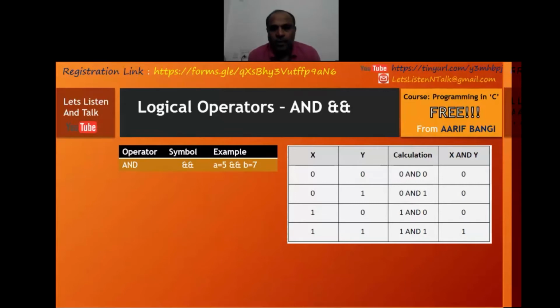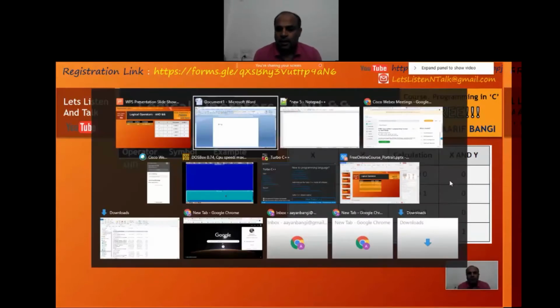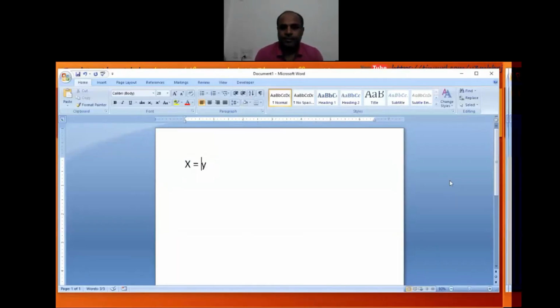What I was trying to explain here in a little more detail is this: if I have a variable x equal to 0 and y equal to 1, then I can write x and y.